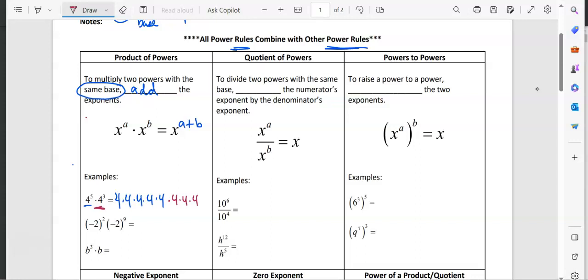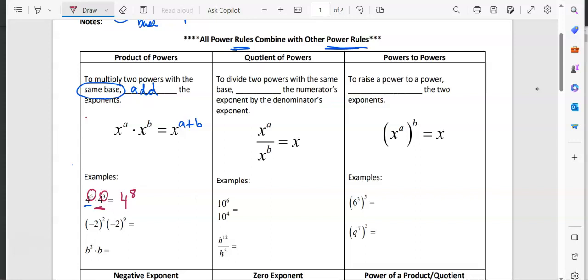So I could collapse that back down to 4 to the 8th power. And again, looking at that pattern and making it into a more generalized idea, what I did was add the exponents.